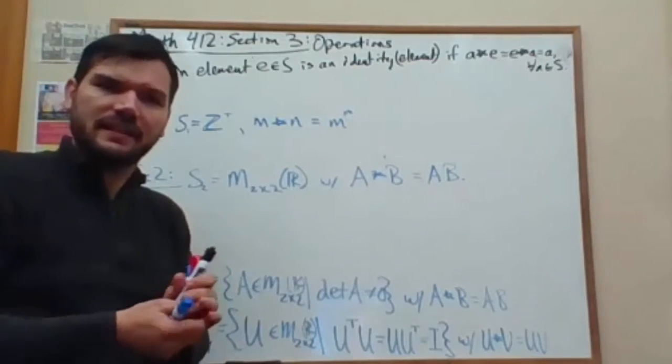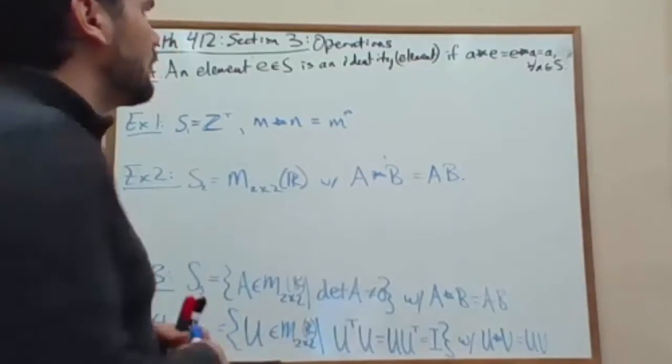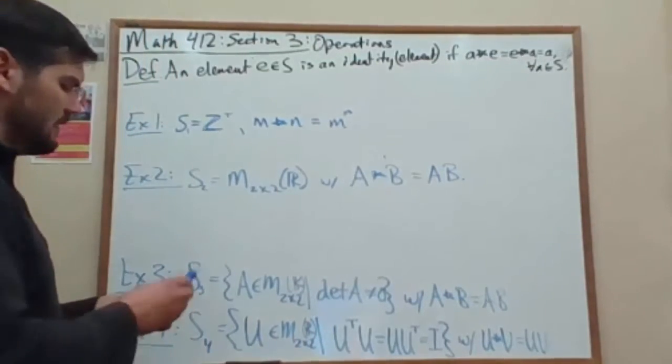And does an identity element exist for the operation itself?